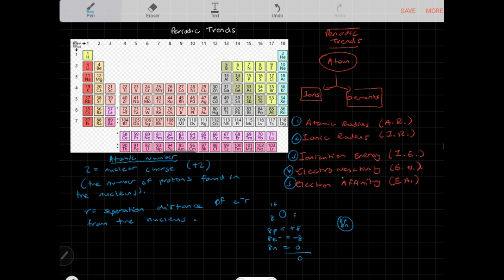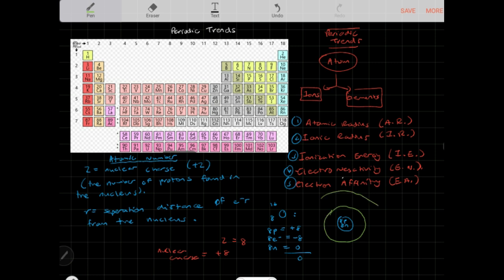We can notice that the nuclear charge here is 8, so the charge here is going to be plus 8. Okay, so the nuclear charge is +8. We can look at each proton as having a +1 charge, and this is always going to create a +8 charge. Now, the electrons are going to be found around the nucleus in these shells.